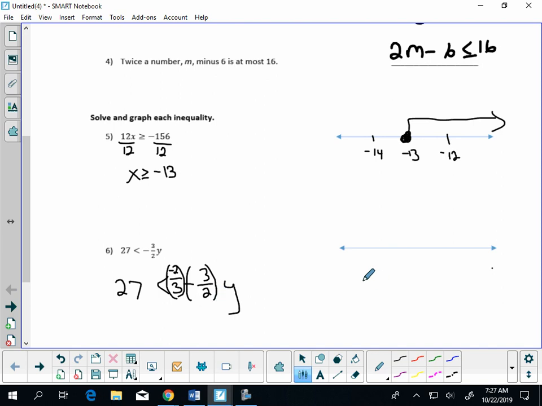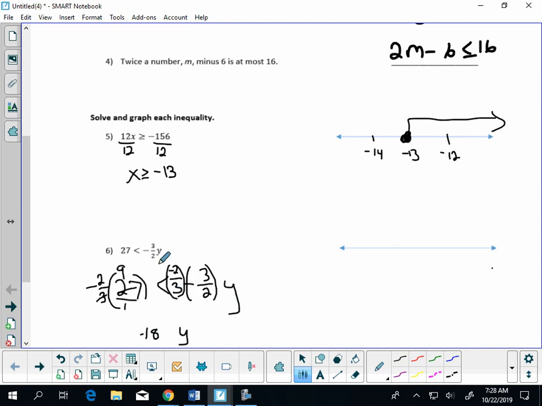Put parentheses around that so it's a little bit neater, because the 3's cancel and the 2's cancel, and you're left with y. You need to multiply this side by negative 2/3 as well. If I want to, I can put that 27 over 1, cross cancel, and I get negative 18.